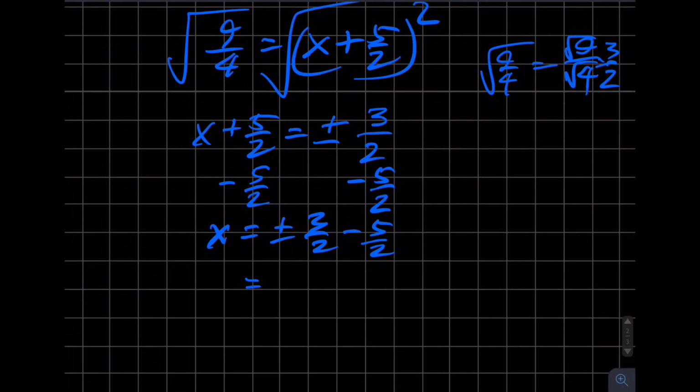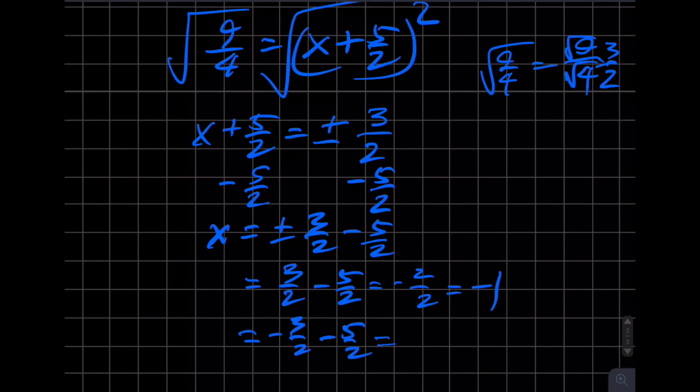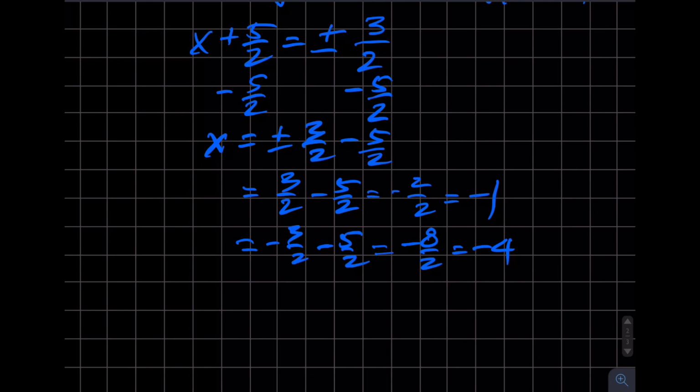Or if you prefer, 3/2 minus 5/2. I think the textbook's going to want this done out. So I get negative 2/2, which is negative 1. And then negative 3/2 minus 5/2, which is negative 8/2, which is equal to negative 4. And so my x-intercepts are negative 1, 0, and negative 4, 0.